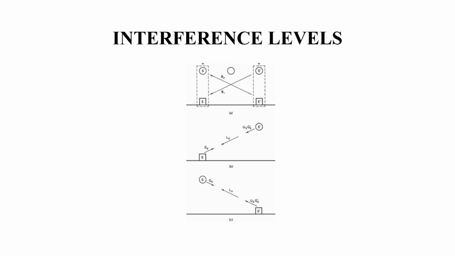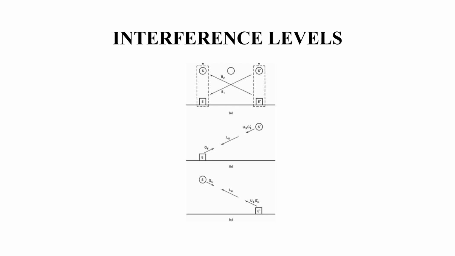Likewise, for the S dash and E dash combination, the signal from the S and E network is considered as interference. Here the signal from the satellite S dash to the earth station is represented as an interference signal known as B1 mode, and the signal from the earth station of the S dash E dash combination to the satellite is known as B2 mode of operation.